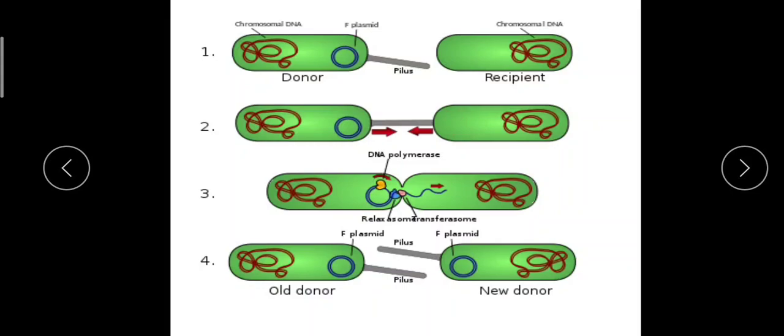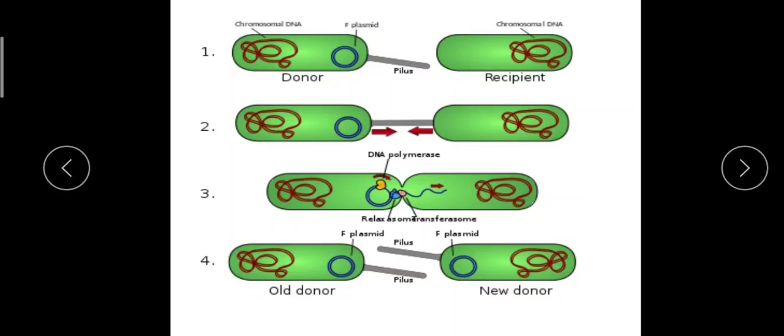The formation of the sex pili is determined by the genes present in this F plasmid. When these two cells come in contact with the help of the pili, an intercellular bridge is formed between these cells, and that is called the conjugation tube.